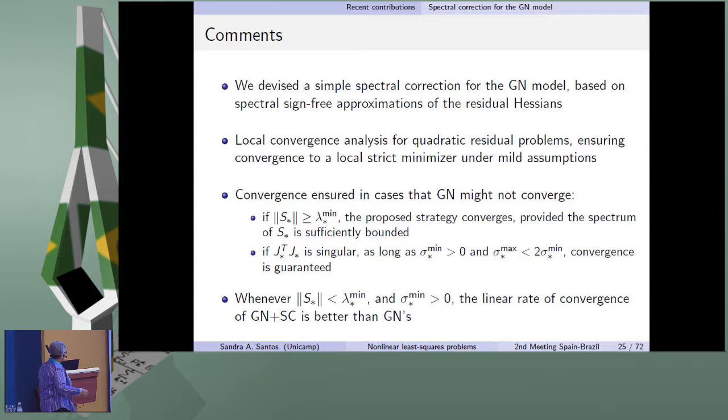Basically, we need a sufficiently bounded spectrum for S star, and even in the circumstances that Gauss-Newton is not convergent, maybe if this matrix is singular, as long as the spectrum of S star satisfies this relationship, we can ensure the convergence. And as I have mentioned, in case Gauss-Newton converges, the linear convergence of our scheme is slightly better.